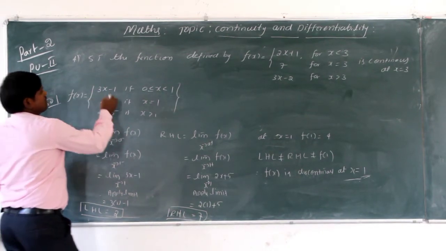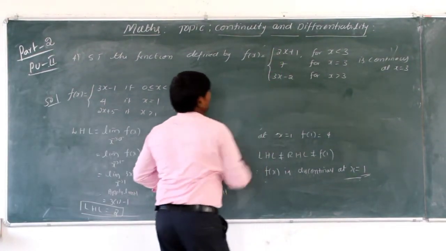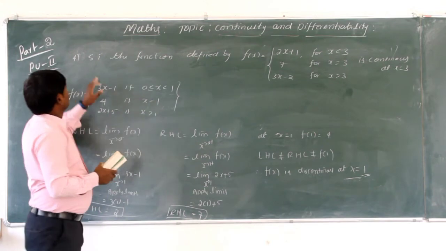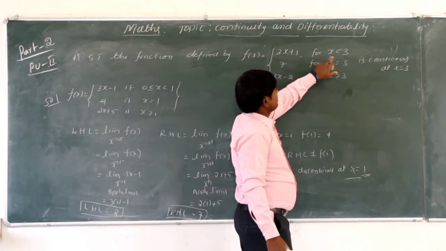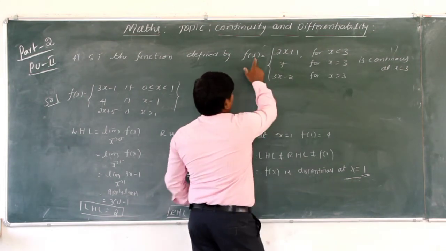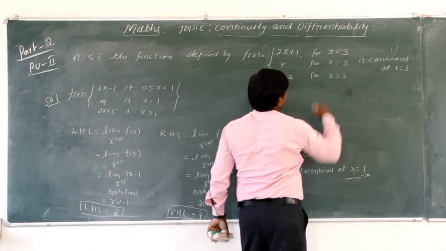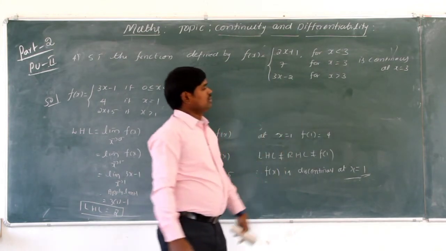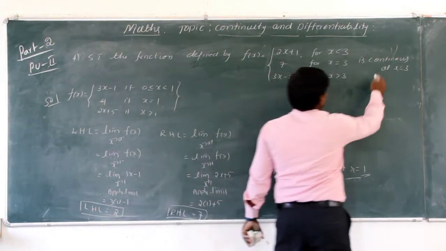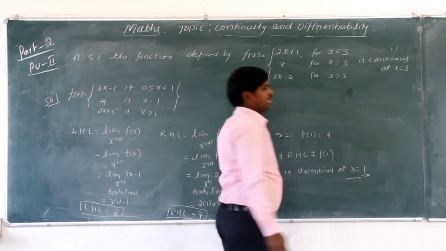So this is the given function, defined like this: 2x plus 1 for x less than 3, f of x equal to 7 for x equal to 3, and f of x equal to 3x minus 2 for x greater than 3. We need to show that it is continuous at x equal to 3.